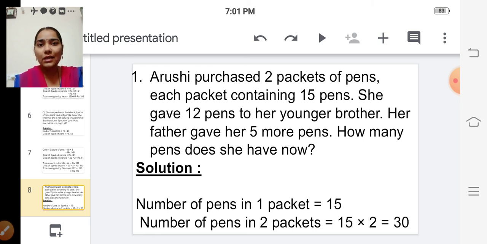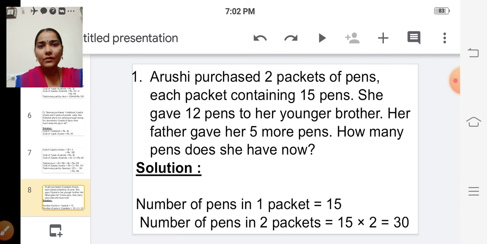So first thing what we have to find out, we have to find out the total number of pens in 2 packets. And then what they have given, she gave 12 pens to her younger brother. So we have to subtract these 12 pens from the total number of pens.